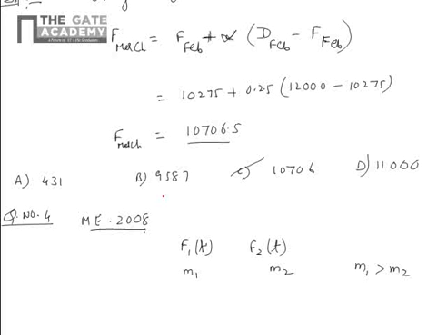If you look at the options, the weightage of the latest demand would be more in F2, right? So it would attain the actual value earlier, because M1 is greater than M2.